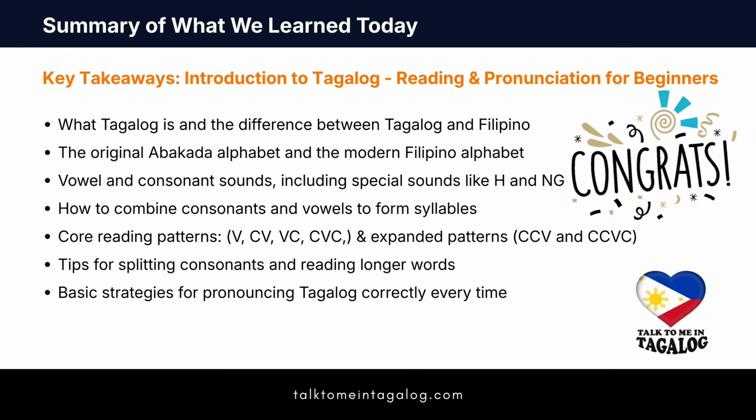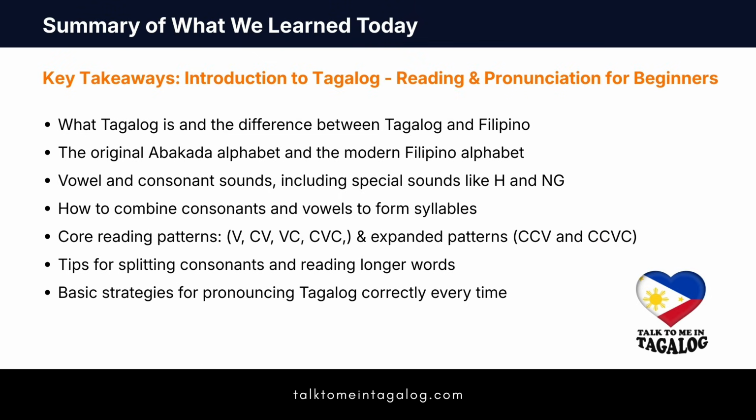Congratulations! You've completed Lesson 1, Introduction to Tagalog for Absolute Beginners. You've learned the essential foundations for reading, writing, and pronouncing Filipino words. Here's a quick recap of what we covered: what Tagalog is and the difference between Tagalog and Filipino, the original Abakada alphabet and the modern Filipino alphabet, vowel and consonant sounds, including special sounds like H and NG, how to combine consonants and vowels to form syllables, core and expanded reading patterns, tips for splitting consonants and reading longer words, and basic strategies for pronouncing words correctly every time.